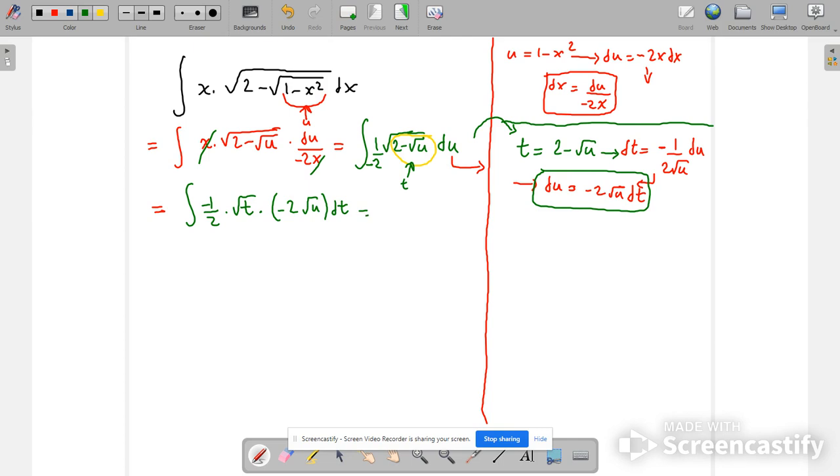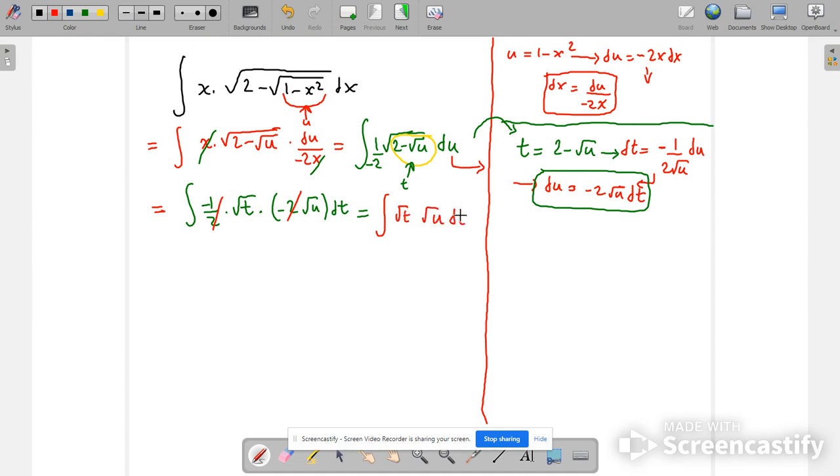We just cancel out this minus 2, and the integral would be square root of t times square root of u dt.